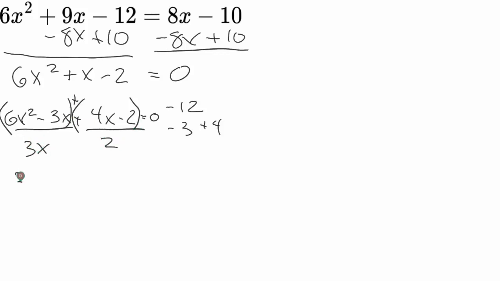So I factor out a 3x. So 6x squared divided by 3x is 2x. Negative 3x divided by 3x is a negative 1. Here for the second one, we factored out a 2. It's a positive 2, so we're factoring out a plus 2. And 4x divided by 2 is 2x. And negative 2 divided by 2 is negative 1.